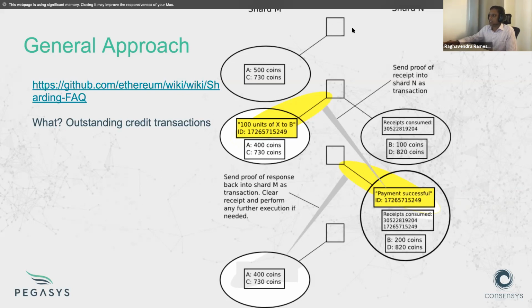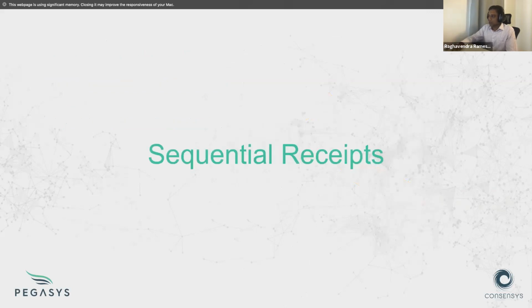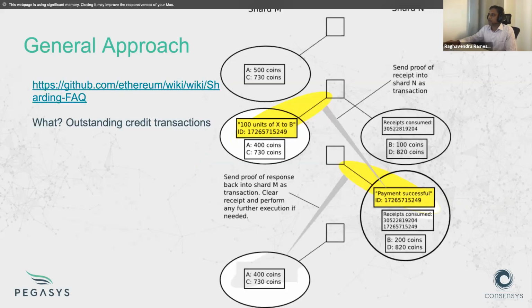Imagine that the square ones are the beacon blocks. So we will do the local debit transaction first on shard M, that is deducting 100 coins from A, and the pending credit of 100 coins to B is stored as a receipt in the state. And that is communicated, as I said before, using the beacon block for shard N.